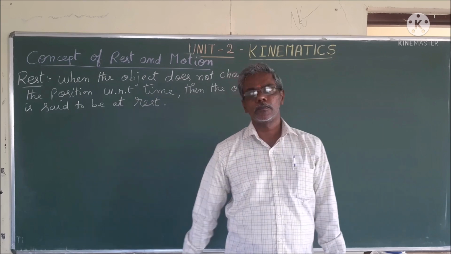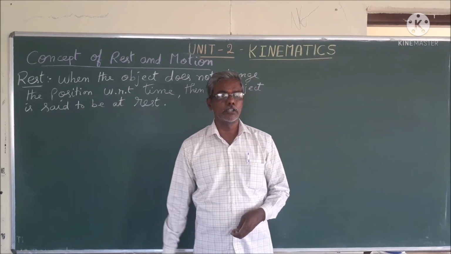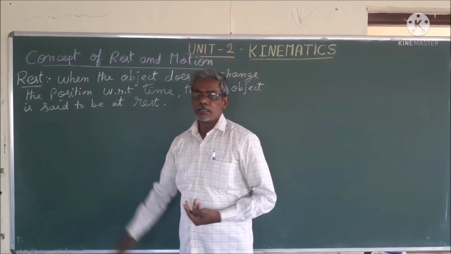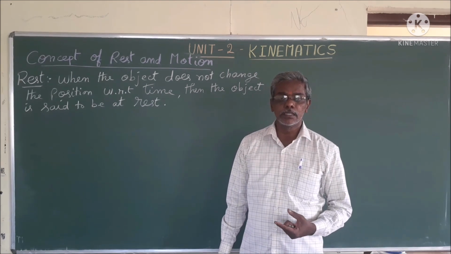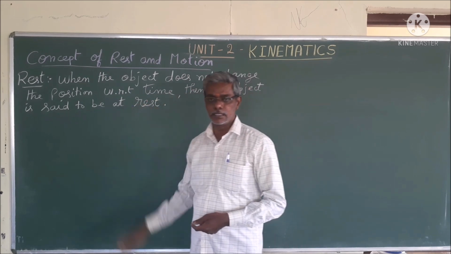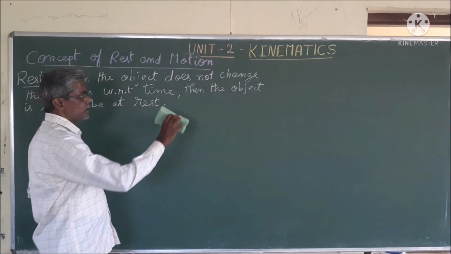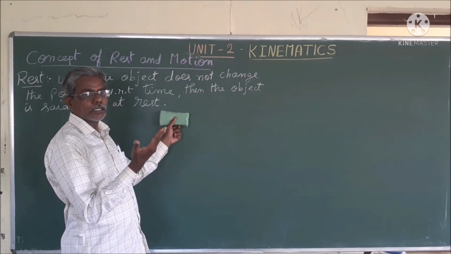Before going into the concept of rest and motion, first we will define what rest and motion are. Define rest: when the object does not change its position with respect to time, then the object is said to be at rest. For example, I am giving a gesture here, and I note down the time.